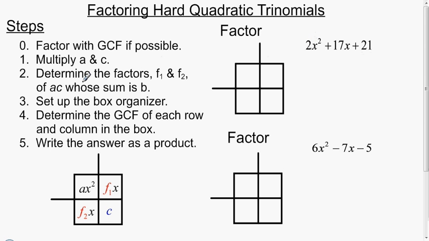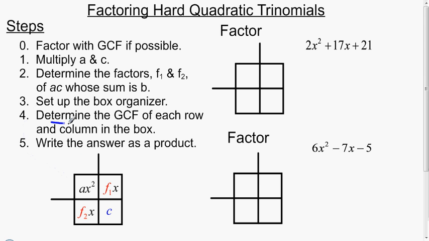And then we're going to determine the factors, which I'll call f1 and f2, of AC whose sum is b. Somewhat similar to easier quadratic trinomials where we use the factors of c whose sum was b. Now we're using the factors of AC whose sum is b. Then we're going to set up the box organizer, which is this guy down here. I think I'm going to do that by way of an example. It'll make more sense and have some context that'll help you move through understanding what the box means and how it's used.